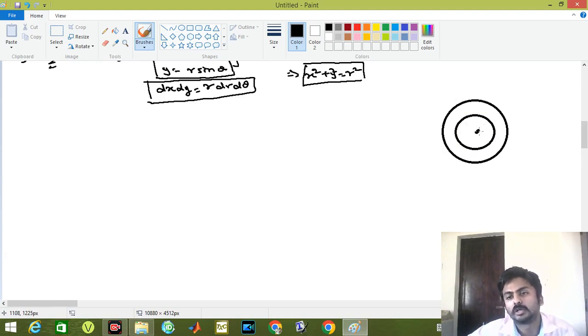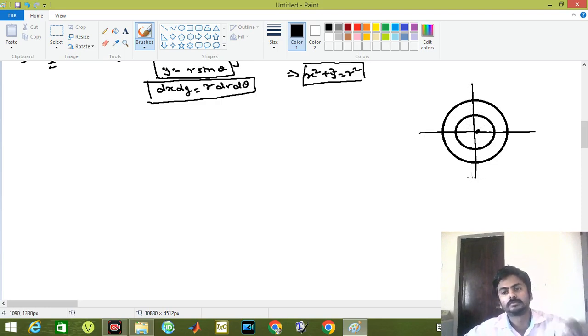These types of circles are called concentric circles.